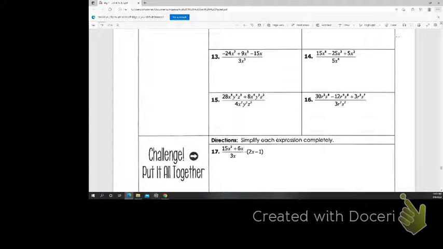Because remember, we don't want any negative exponents in our answers. So negative 24 divided by 3 is negative 8. Not a negative exponent, it's okay. It's just a negative number. 7 take away 5 is 2. 9 divided by 3 is 3. 3 take away 5 though, bigger exponent is in the bottom. So this x is going to be in the bottom to the second power.